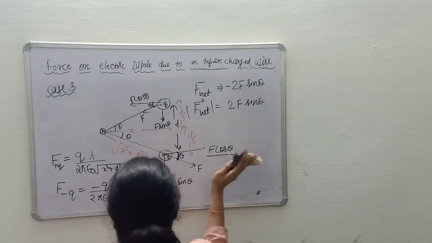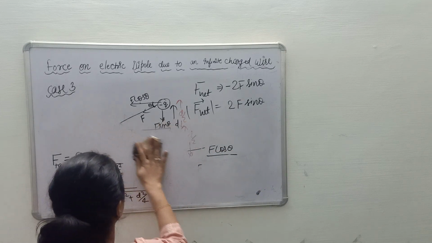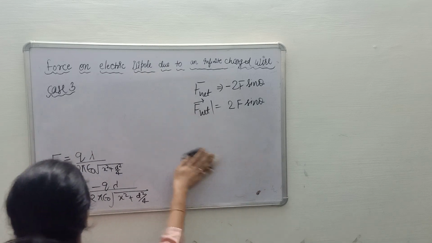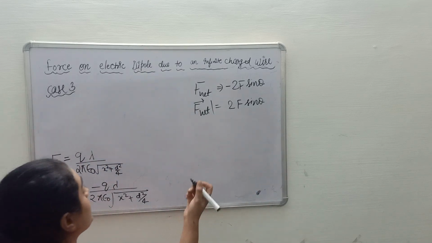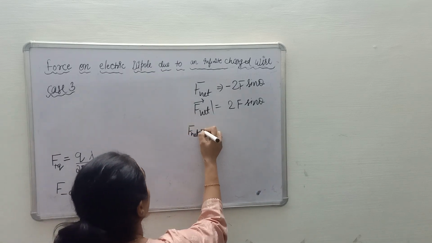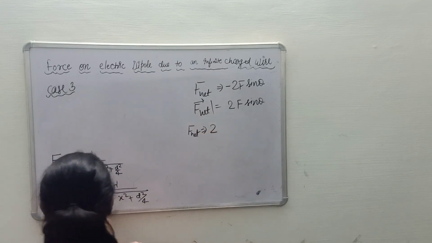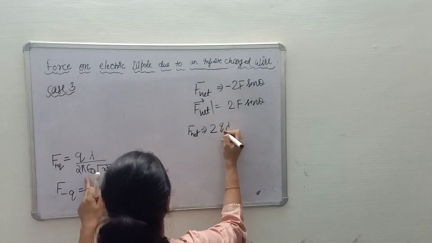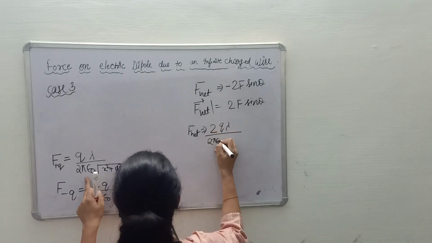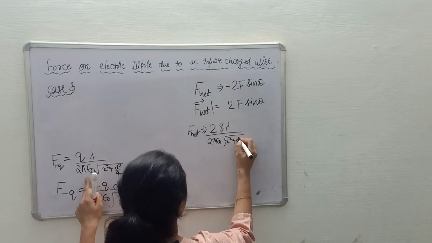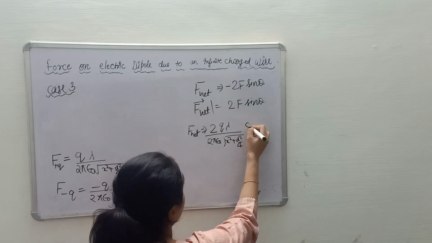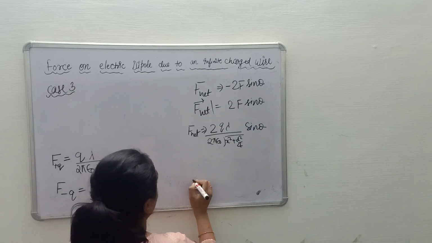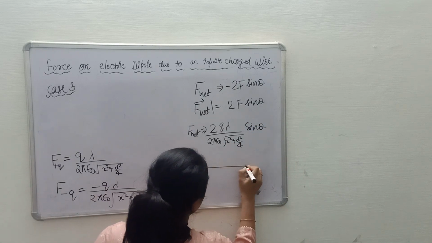So F net will be equal to twice F, where F is this. I'm taking the magnitude only. So it's Q lambda by 2 pi epsilon naught root of x square plus d square by 4, times sin theta. Now what is sin theta? Our triangle was like this.